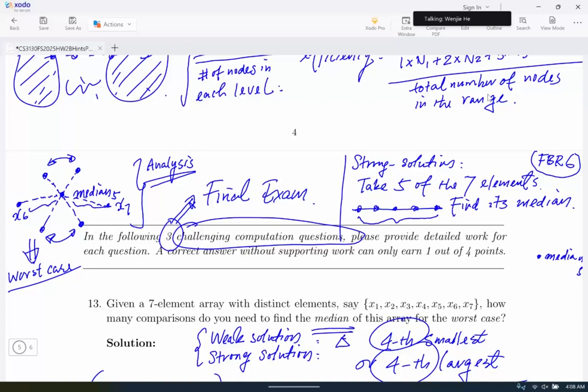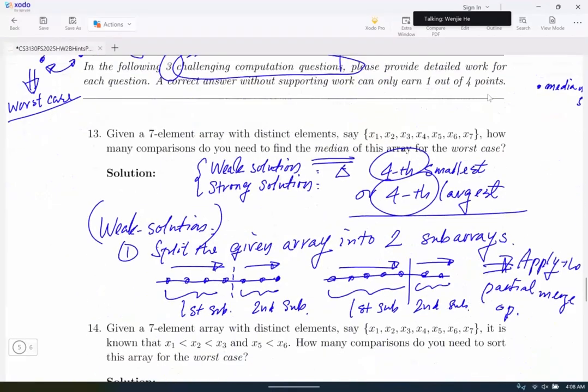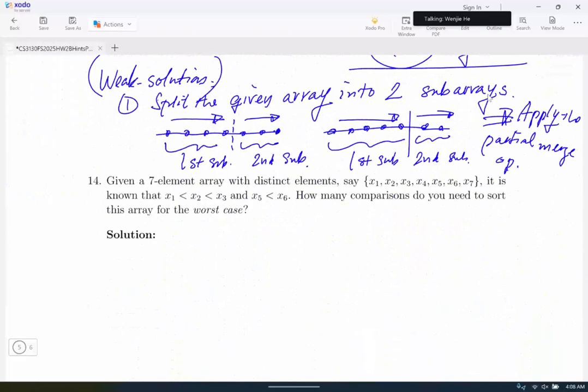So that's number 13. Number 14, see? A partially ordered array, another subarray ordered, and the remaining element 7. So the main idea here: there is a simple way to solve it.